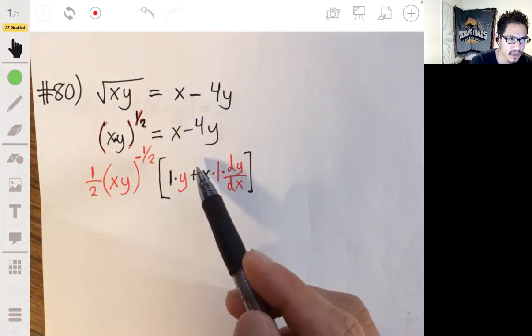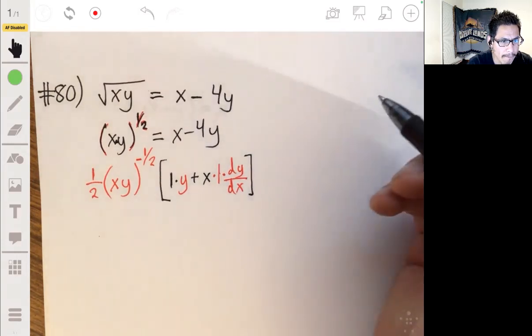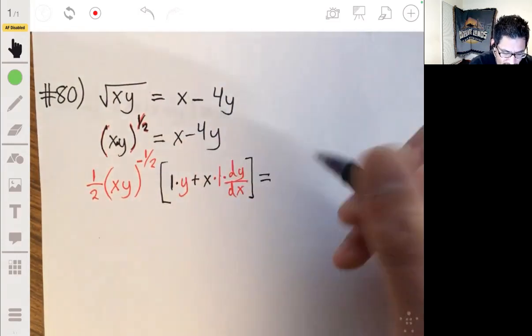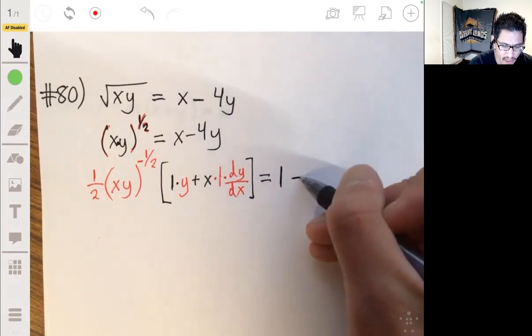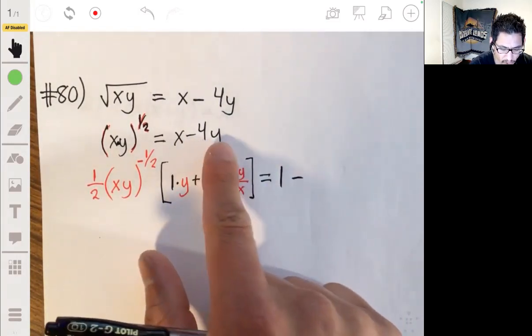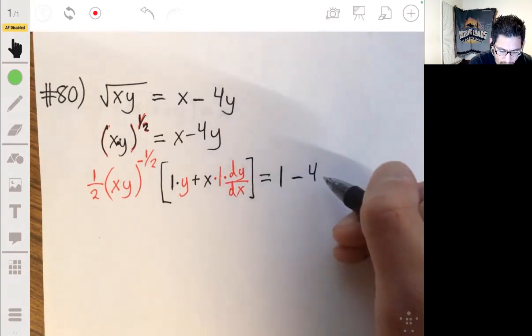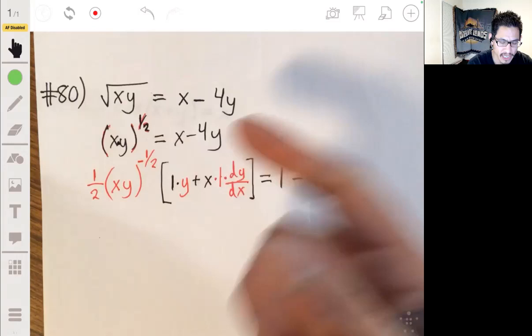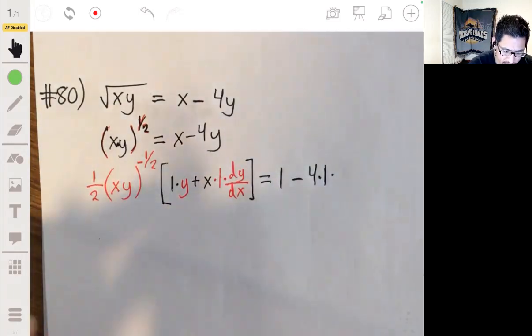And that'll be the left side. And on the right side, the derivative of x is 1 minus 4 times 1, which is the derivative of y, times dy/dx.